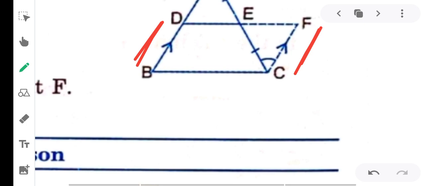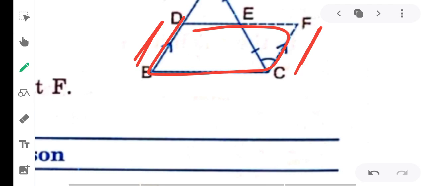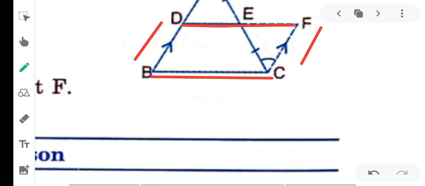So BDCF is a parallelogram. Clear? If BDCF is a parallelogram, then opposite sides are parallel, and that means DF equals BC. Clear?